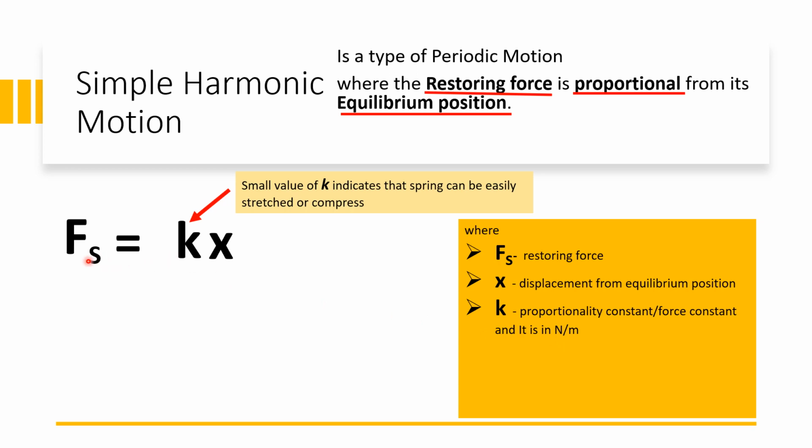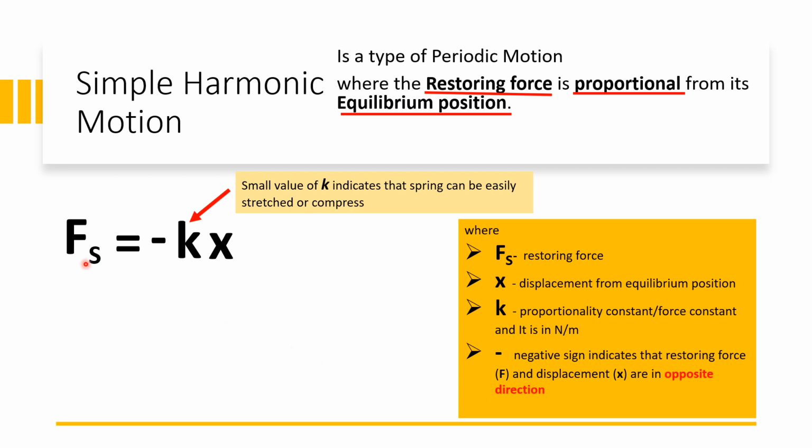Itong Fs, that is the restoring force. Okay, so in simple harmonic motion, the formula to get the restoring force is Fs = negative K multiplied by the displacement x. Bakit po negative? Because in simple harmonic motion, the negative sign indicates that the restoring force and the displacement x are in opposite directions.